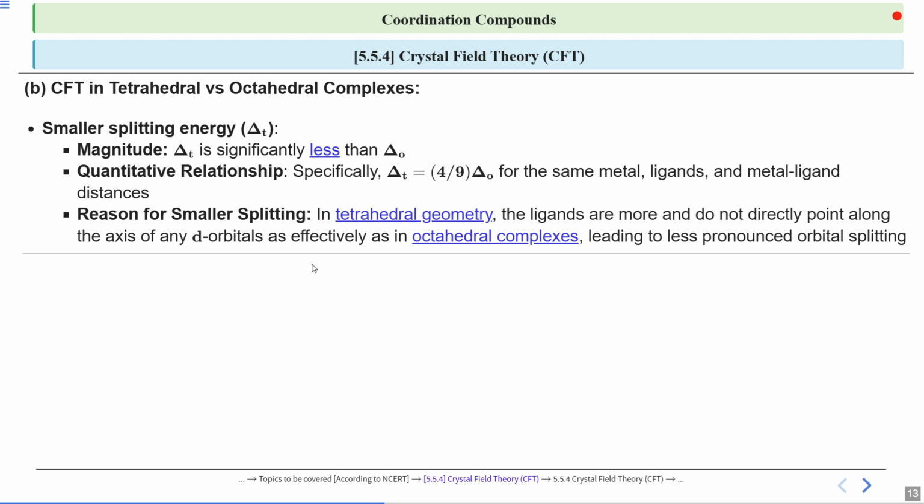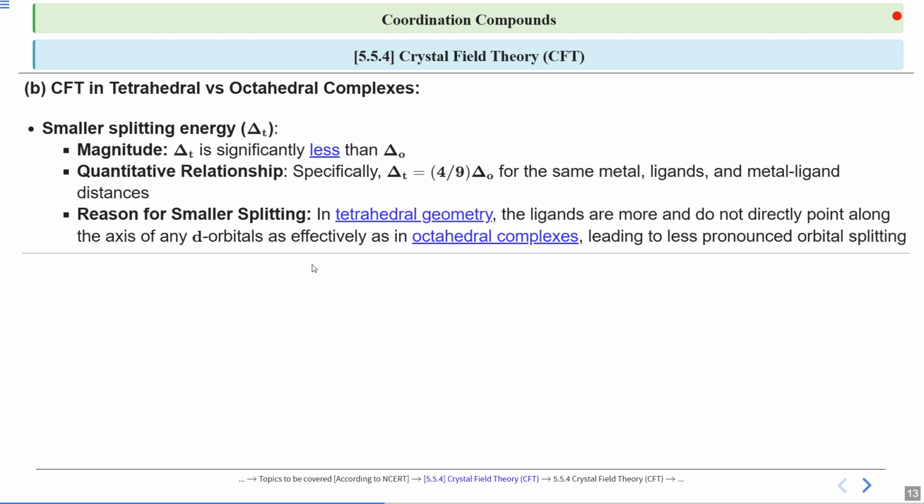What we are saying is that in the tetrahedral geometry, the ligands are not going to point directly along the axis of any d orbitals. Their direction may be similar, but the ligands do not place themselves along the same axis as the d orbitals, as effectively as in the octahedral complexes.